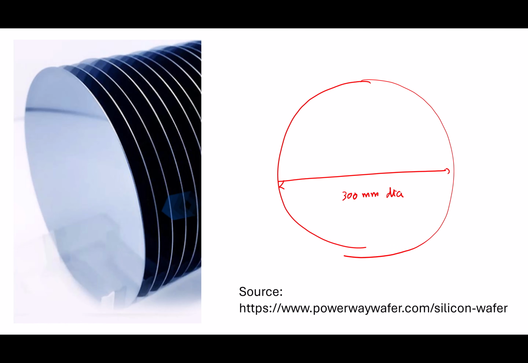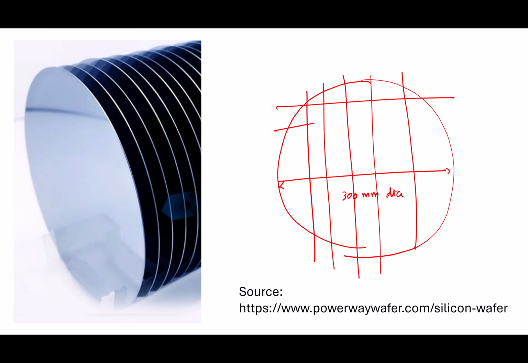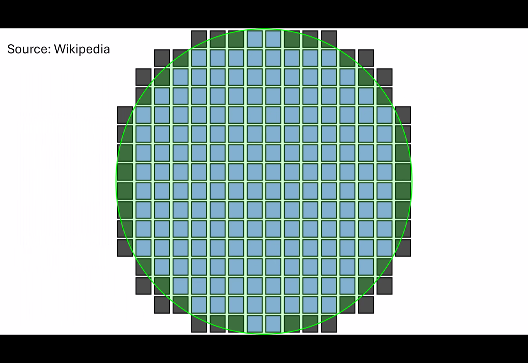In this, you replicate your designs multiple times, and then finally the wafer is sliced like this, and you can get individual chips from here. This is called dicing, and whatever you get separately are called dice or chips.